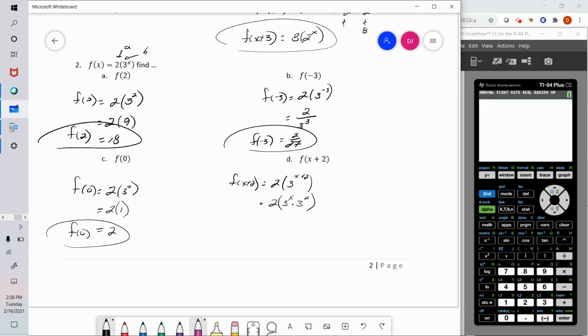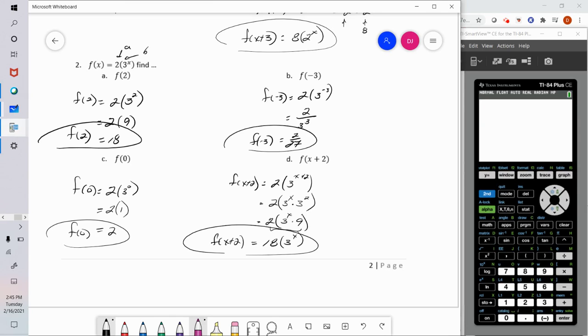That's that rule number 1 in reverse. So we've got 2 times 3 to the x times 3 squared, which is 9. 2 times 9 is 18. We have 18 times 3 to the x. Okay, so f of x plus 2 is 18 times 3 to the x.